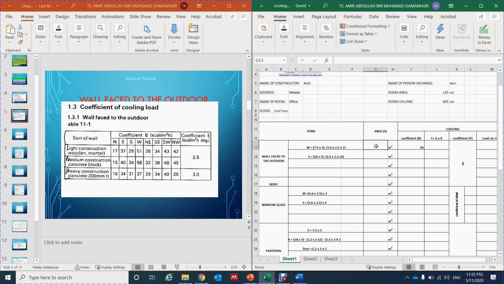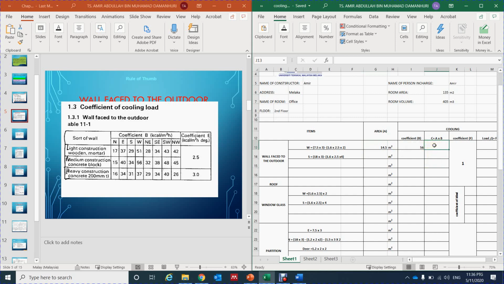So 1.6 times 2.5, and then we multiply by 2 because there are about 2, so we get 8. So 22.5 minus 8, then we got about 14.5 here.